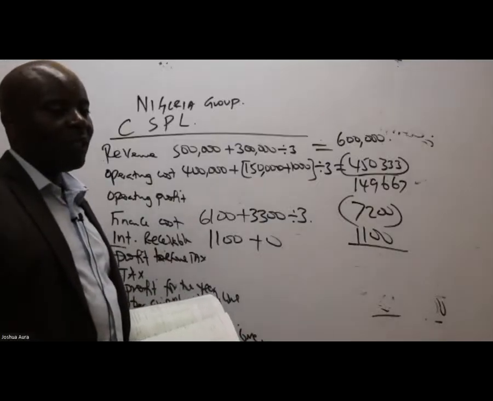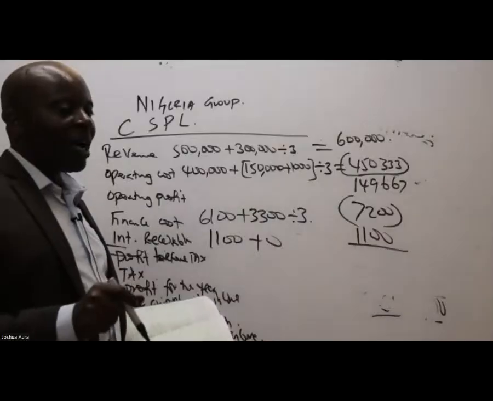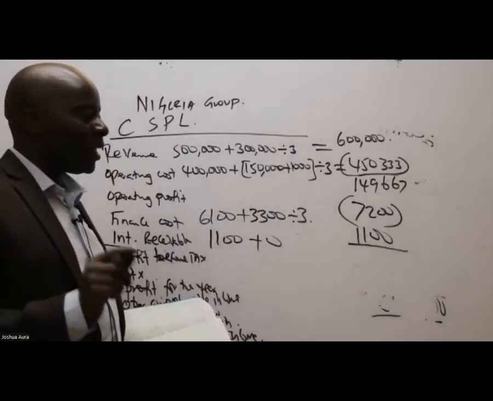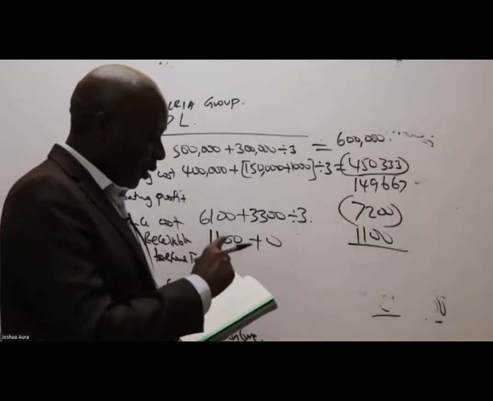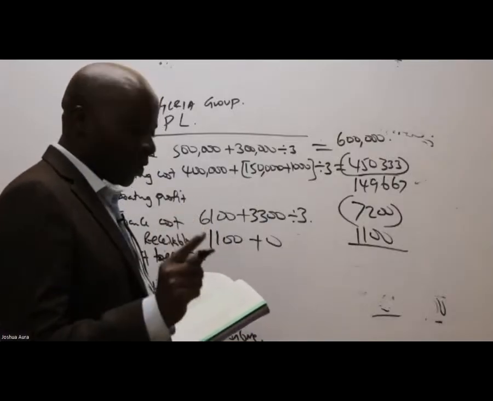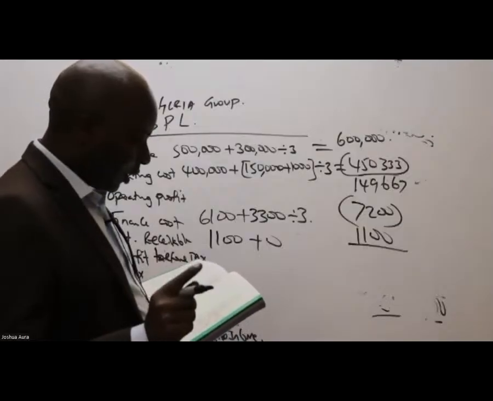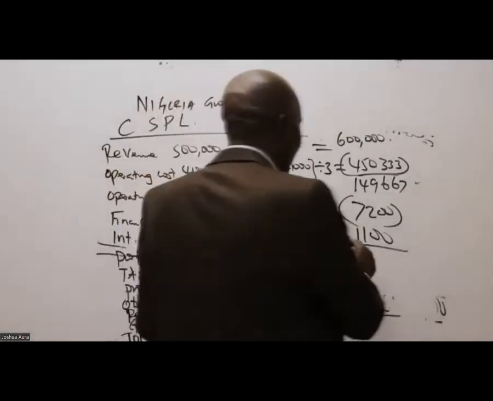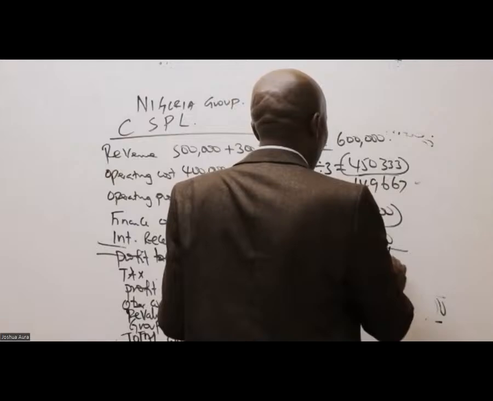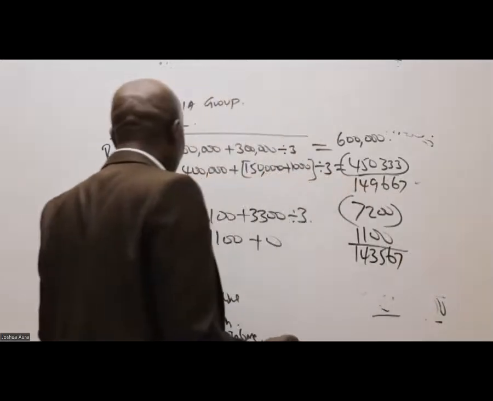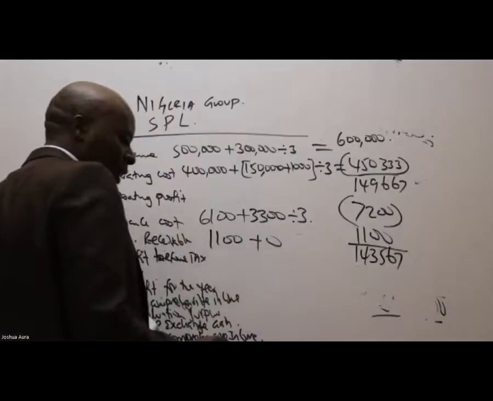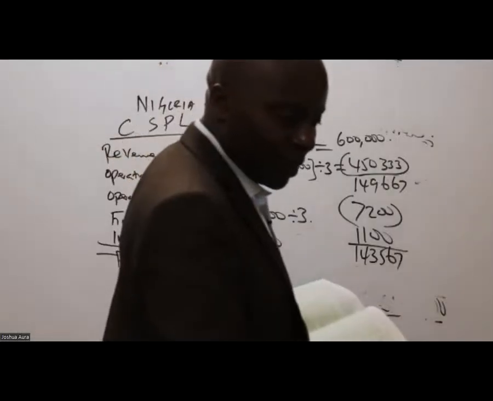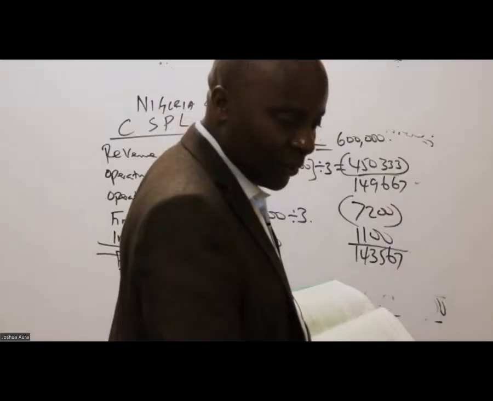For those of you who did this exam last semester and failed, I'm so sure you misinterpreted this question of a foreign subsidiary so seriously. 143,567. And then we have now the tax.